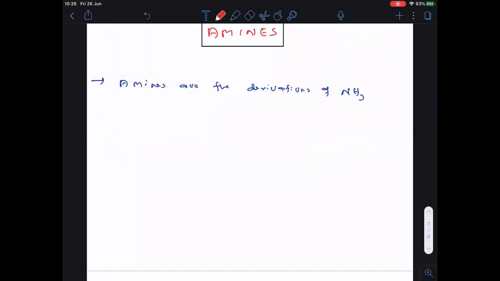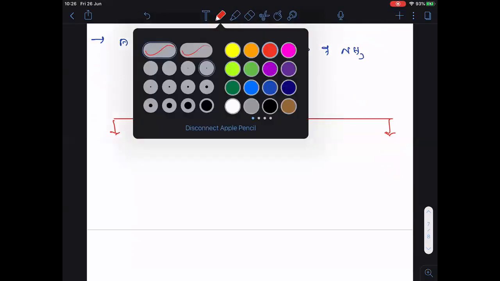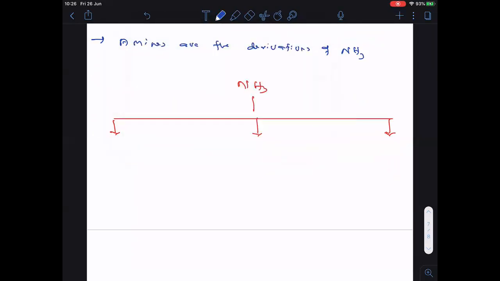How? Now see clearly, this is ammonia. Are you following everyone? Now let me take the classification so that it will be clear to you. In ammonia, first of all, replace one hydrogen with one alkyl group. Then what will you get? RNH2. Clear?